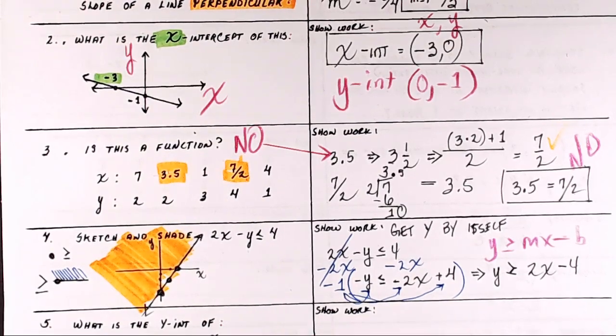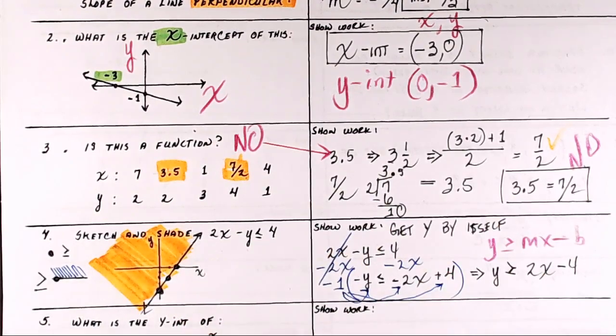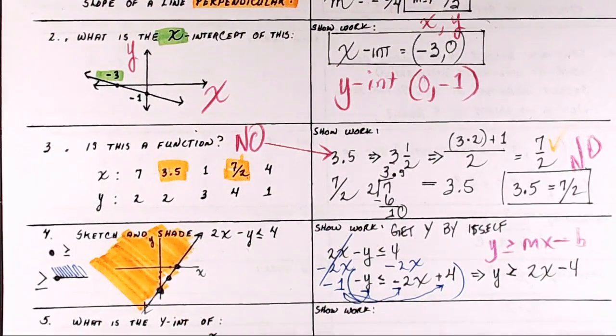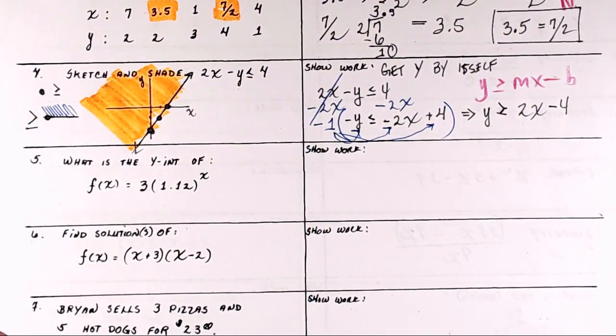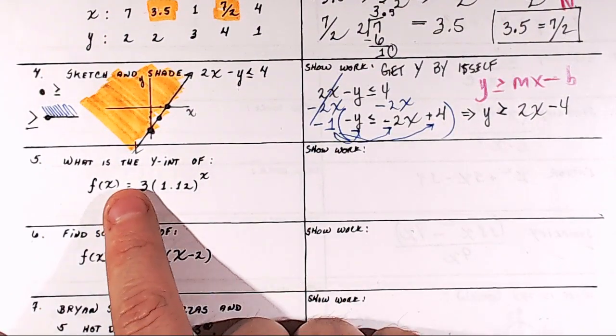And that's what I want to see. I want to see that you basically have an idea of how to graph this, all right? So that's number 4.